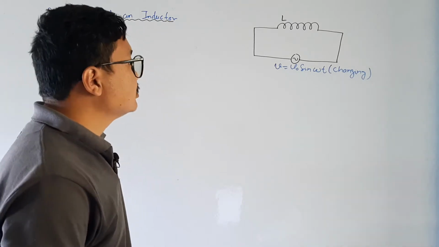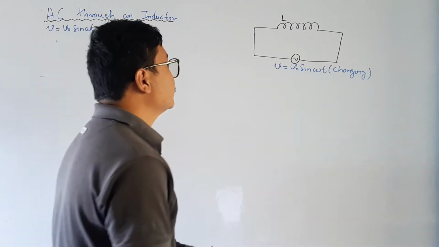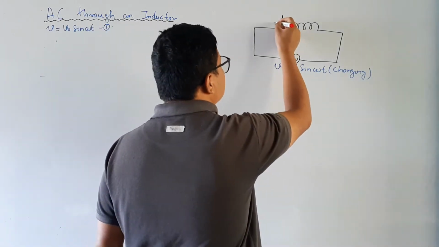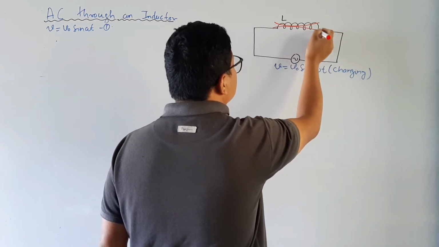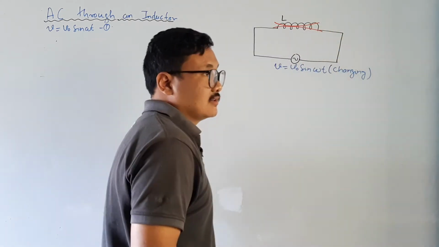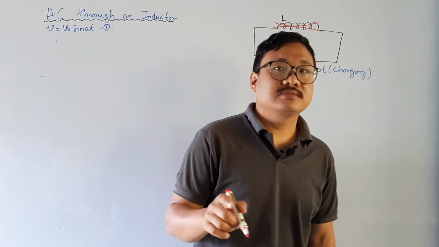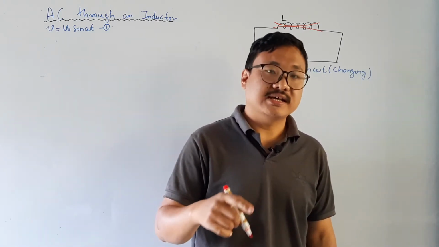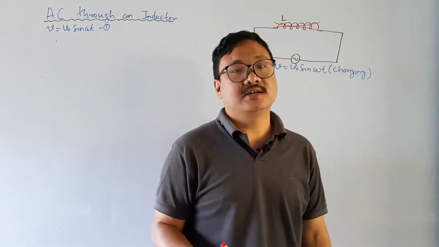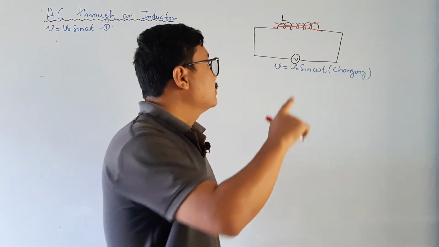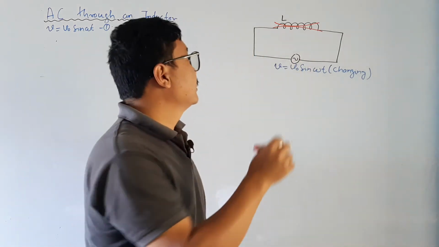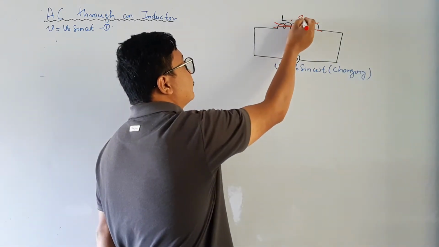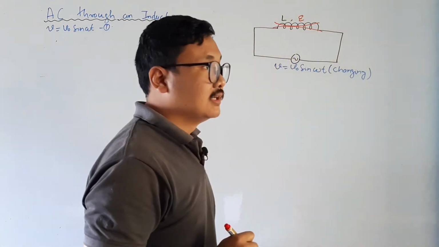Now whenever there is changing voltage, there must be changing magnetic flux linked with this coil, isn't it? Because of this, there must be a phenomenon called self-inductance. We have studied self-inductance in chapter 6. So because of the self-inductance there will be generation of EMF E in this coil.